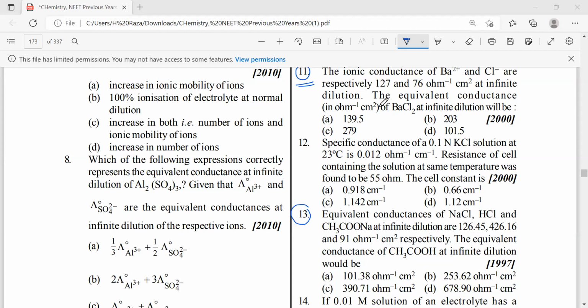139.5. Wait a minute. I'll just let you know. Ba plus 2 and Cl minus. So it will be 127 plus 2 into 76. Ionic conductances.